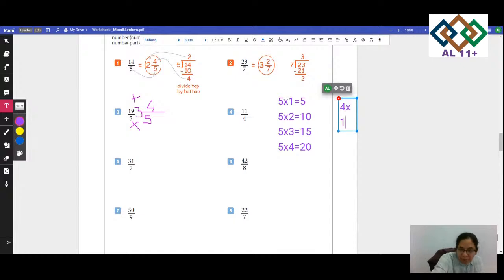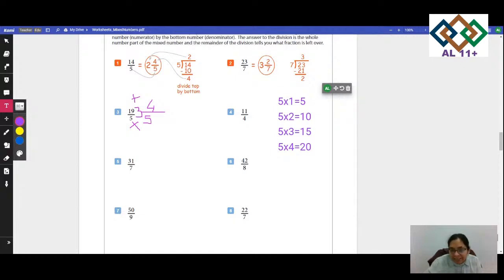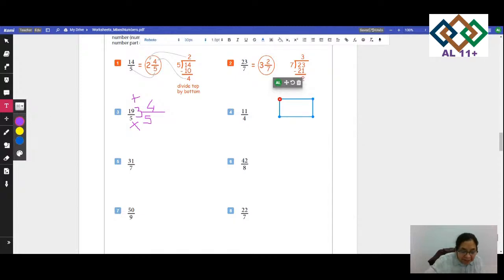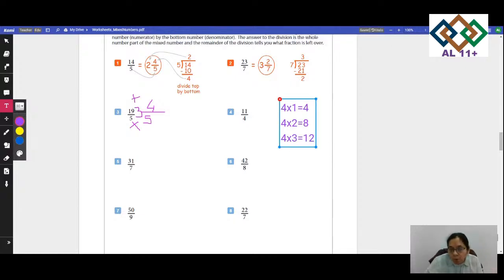So the next one is 4 multiplied by 1 is 4. 4 twos are 8. And 4 threes are 12. So if you look at this one, it's again going more. So we need the closest to 11. So the closest to 11 is 4 twos are 8.